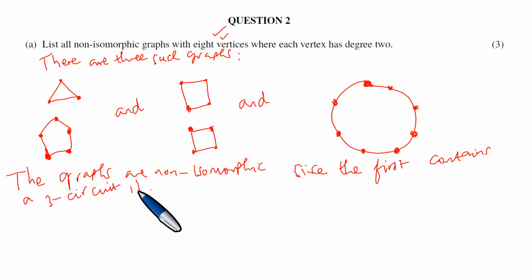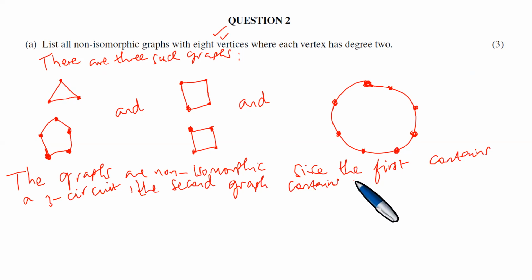The second graph contains a 4-cycle. So here we have 2 4-cycles, but here there's a 3-cycle, and a 5-cycle there. So this one is a 5-cycle, but the others do not have 5-cycles. So in other words, these are actually non-isomorphic graphs.